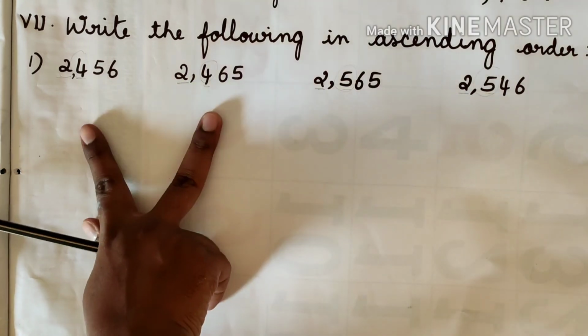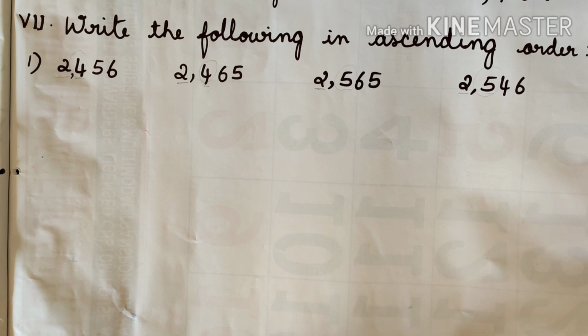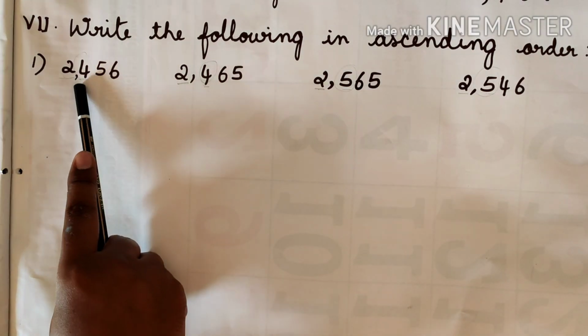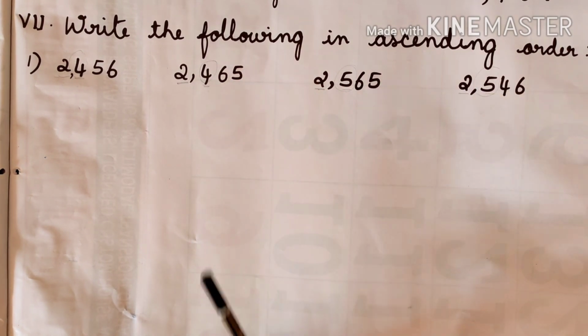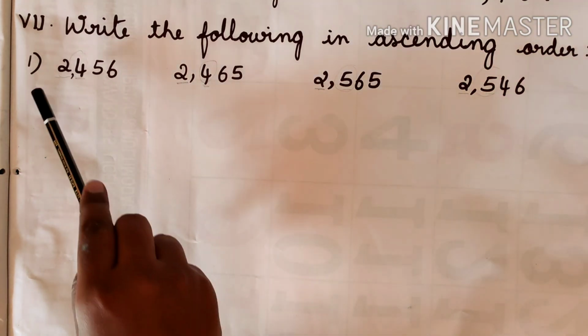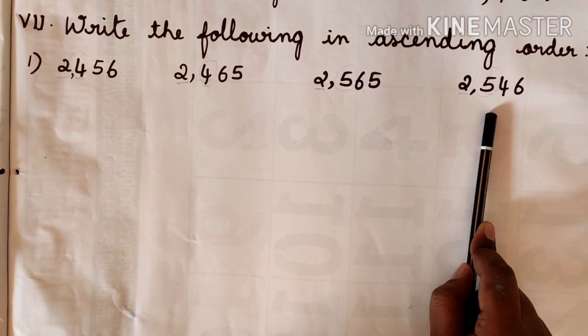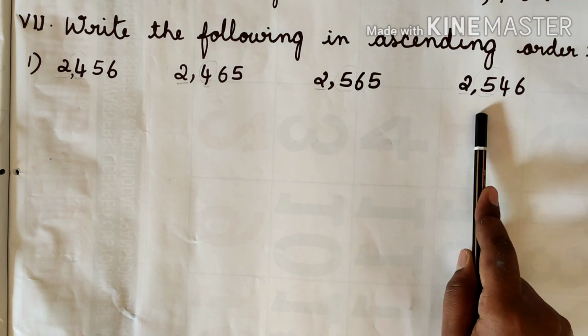We have 2 numbers where there is 4 in hundreds place. So first number is 2456, next number is 2465. Now, comparing all the 4, we came to know that these 2 numbers are smaller than these 2 numbers.